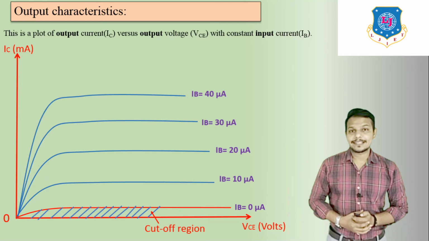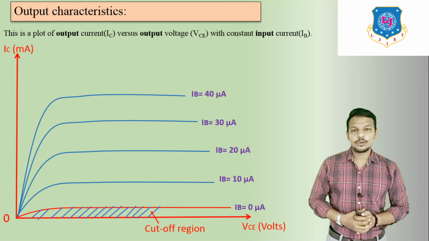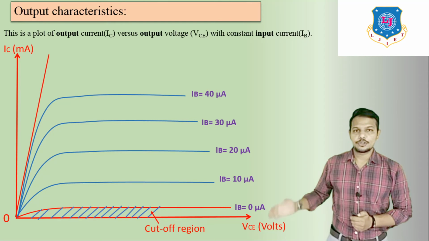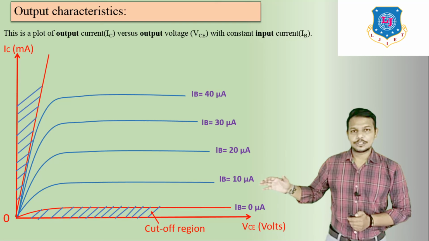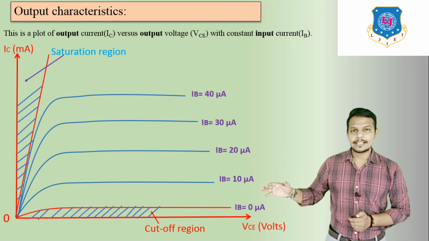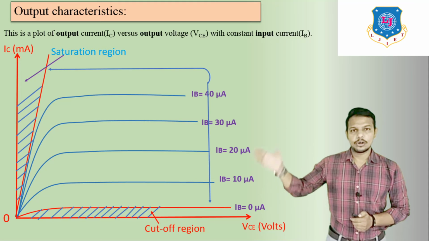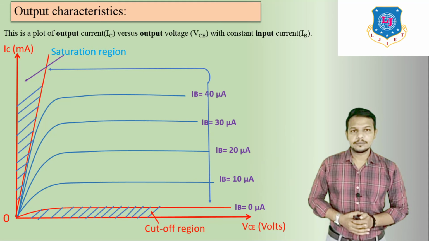And finally, let us discuss the saturation region. In the saturation region, both junctions should be forward biased. So this is your saturation region, and here we can see this is your active region.